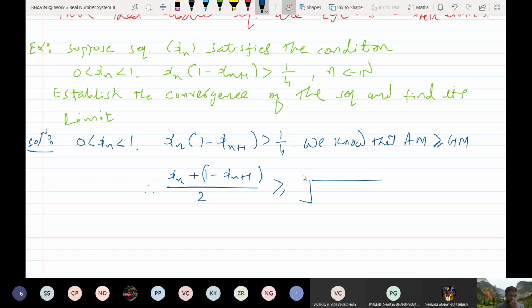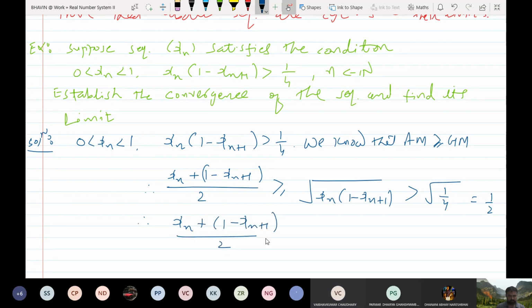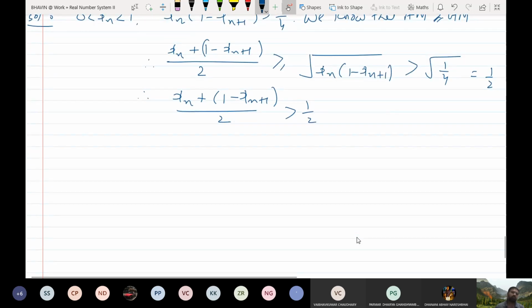Geometric mean is nothing but the square root of the product of xn and 1 minus xn plus 1, but already it is given that this product is bigger than 1 by 4 by hypothesis. Clear? Yes sir. 2 gets cancelled from both the sides, isn't it?